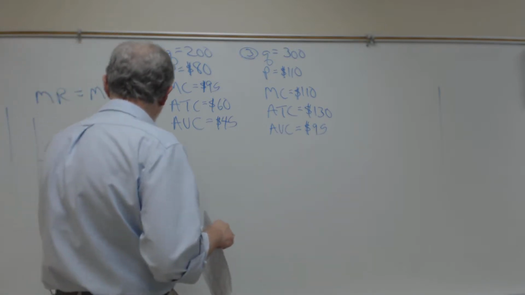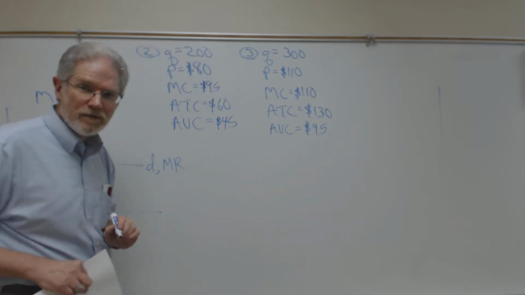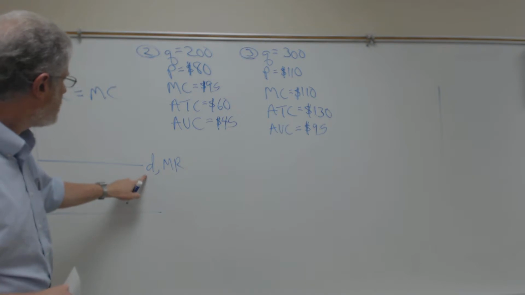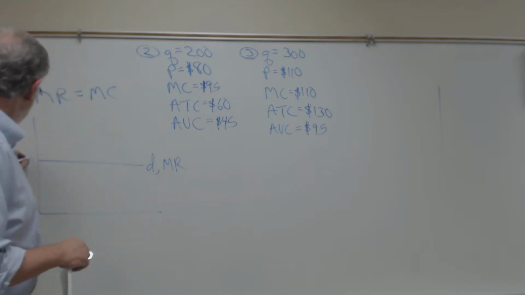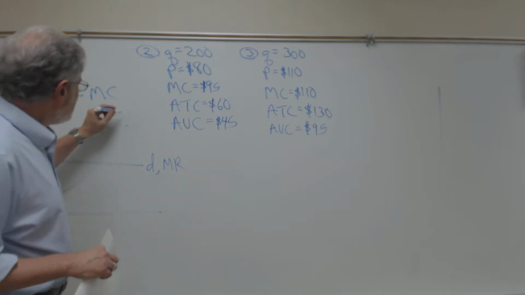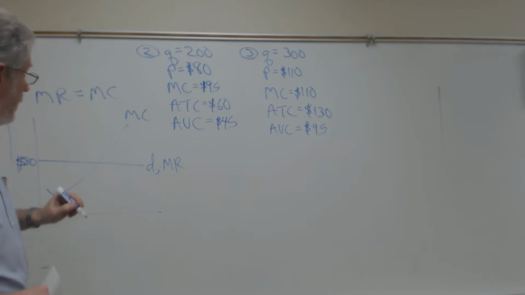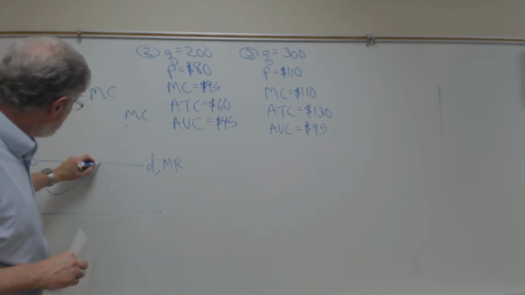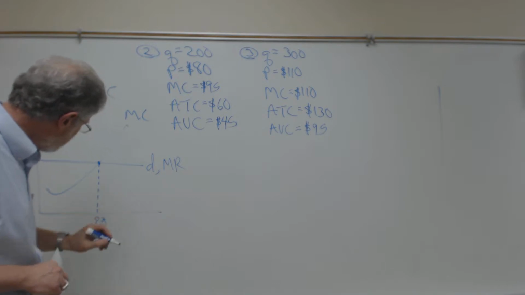Same as last time. The firm faces a horizontal demand curve and a horizontal marginal revenue curve. It's horizontal at the price, which is 80. It's going to have a marginal cost curve that looks like that. Where should it produce? To get maximum profit, it should produce right there.